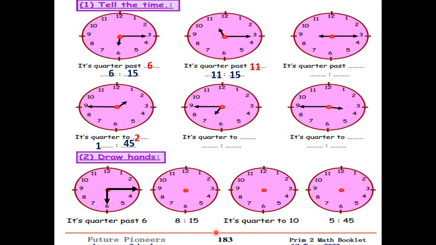Here it's digital and easy. Let's see this one. Here it's quarter to 10. Quarter to means that the long hand points at 3 or 9. Yes, exactly, 9. And the short hand will be between the 9 and the 10.